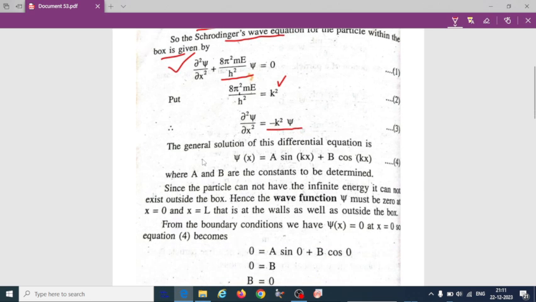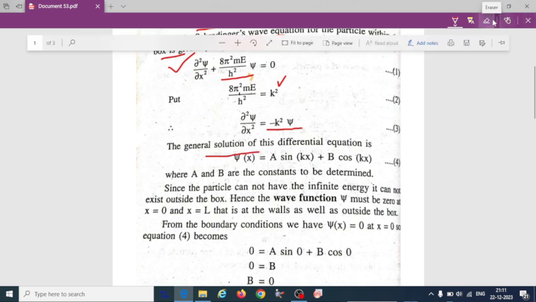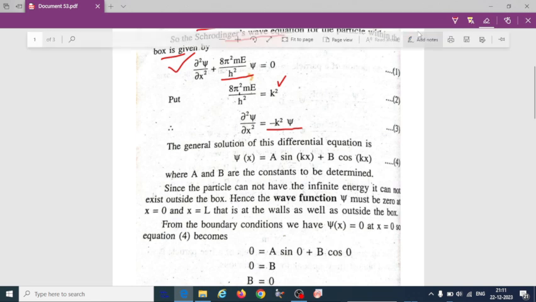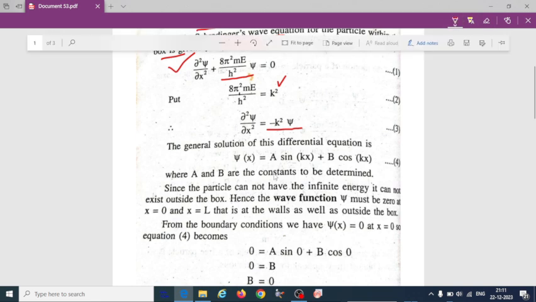So the general solution for this differential equation is given by the wave function as a function of x, psi of x equals a sin kx plus b cos kx. This is the general solution of the second order differential equation 3. Then a and b are constants here.